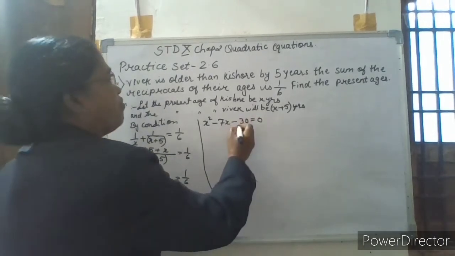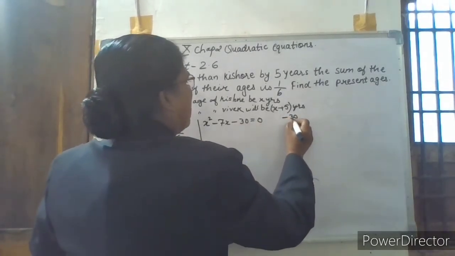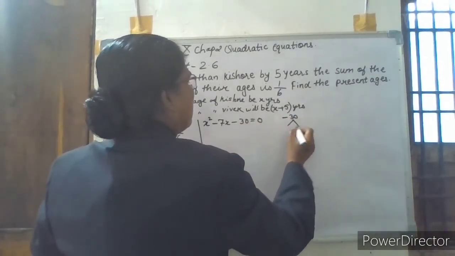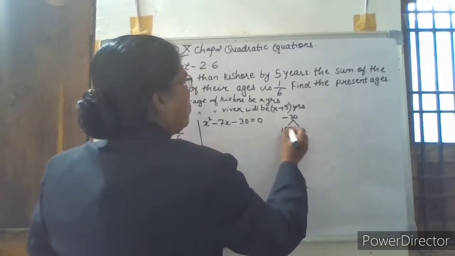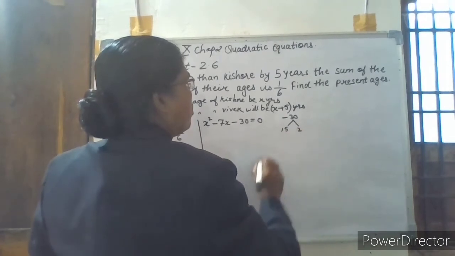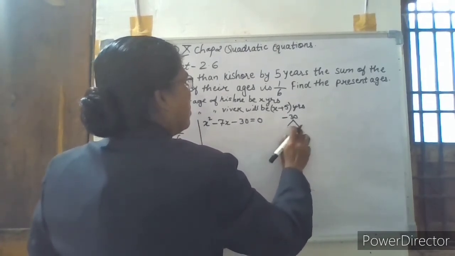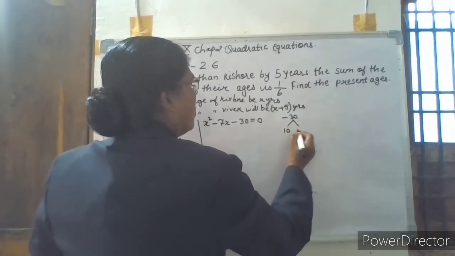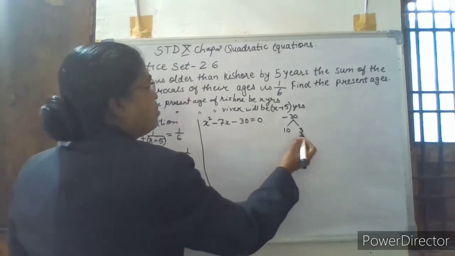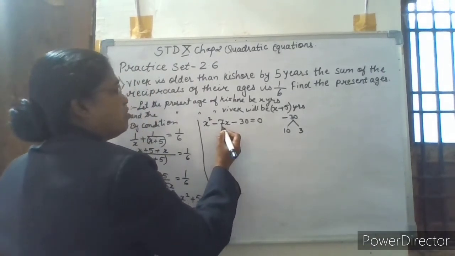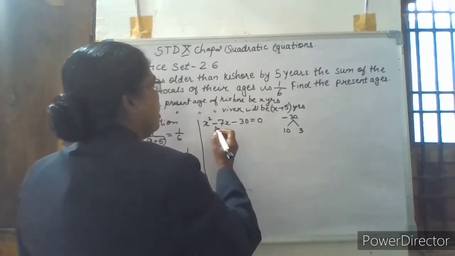Now, factorize this minus 30. 15 times 2 is 30, that will not give you. 10 times 3 is 30, that will give you. 10 times 3 is 30, and 10 minus 3 is 7. So, after subtracting, we will get the middle term.